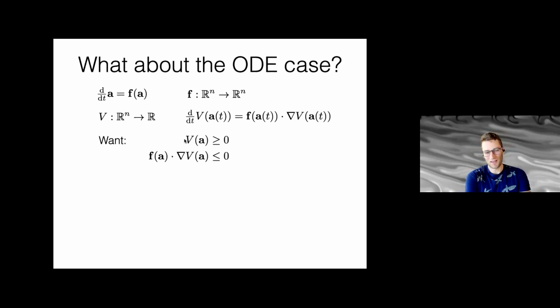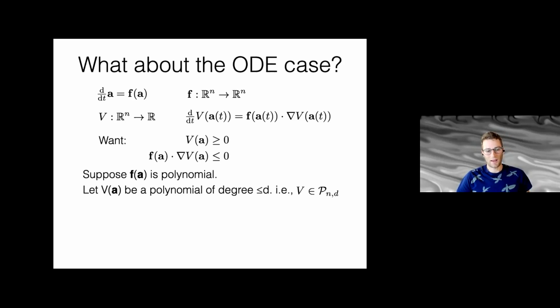Now, in general, there is not a constructive method for finding such a V, but contrary to what you might have learned in school, it is not true that there don't exist constructive methods. In the very important case in which the right-hand side of your dynamical system is polynomial, there do exist constructive methods as of about 15, 20 years ago.